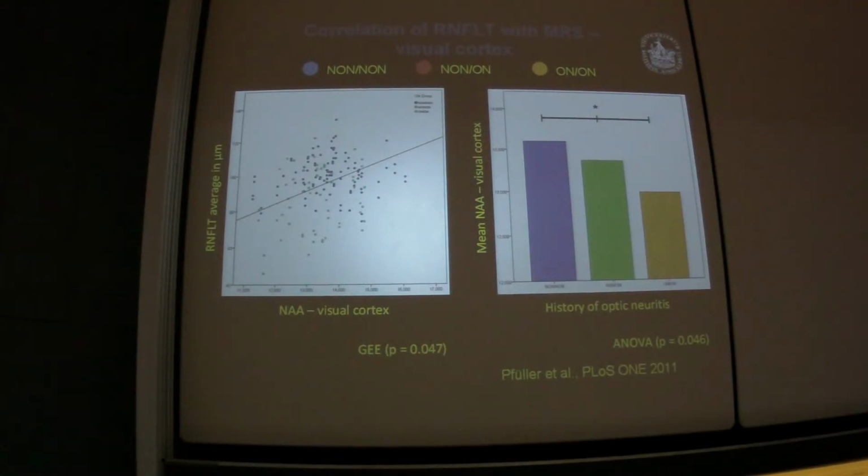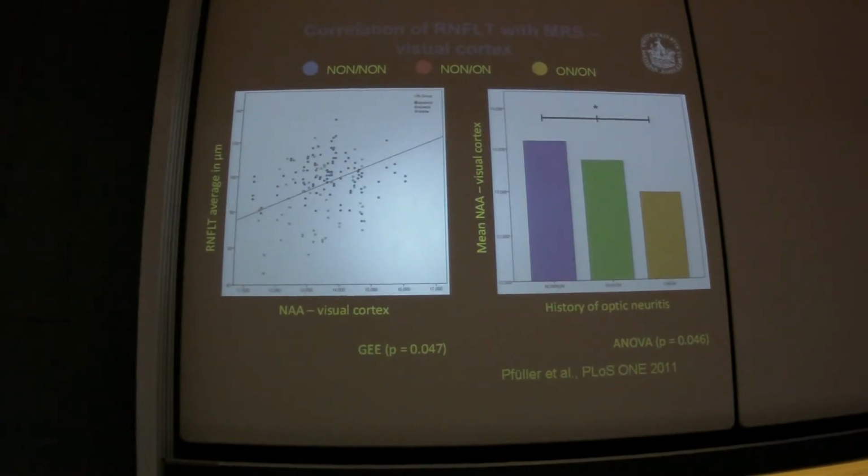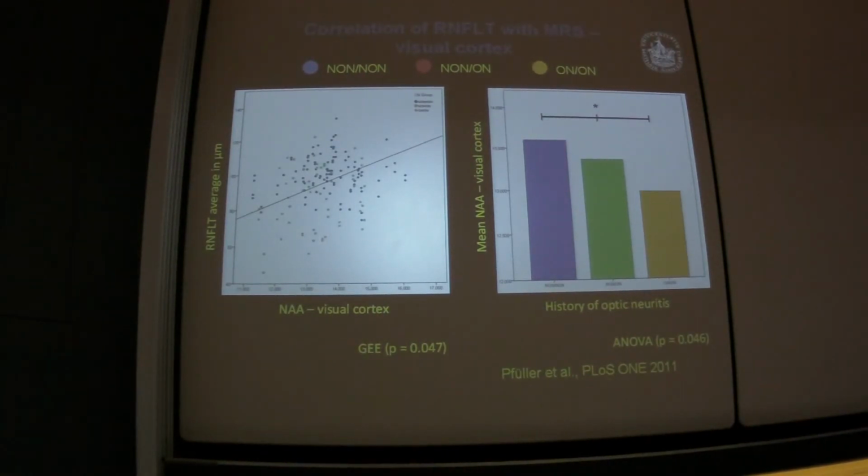We see that if you see changes in the retina, you will also see metabolic alterations in the visual cortex, which for us is some kind of evidence that the visual pathways are quite distinct, but there still is some connection between these structures. And this is also again dependent on the previous history of optic neuritis, again supporting the concept of transsynaptical degeneration as the major point here.